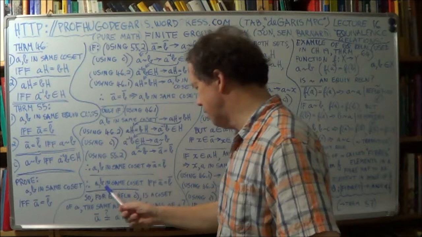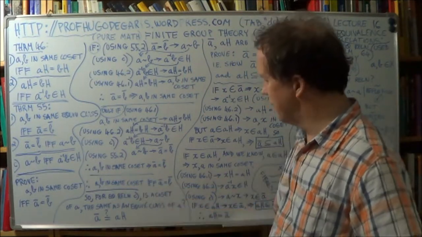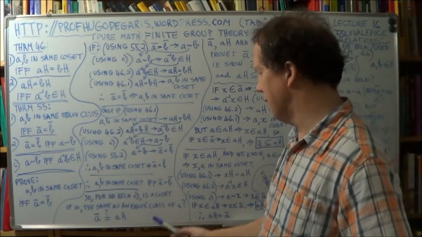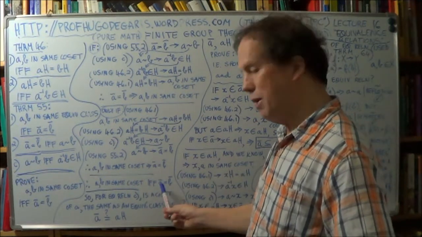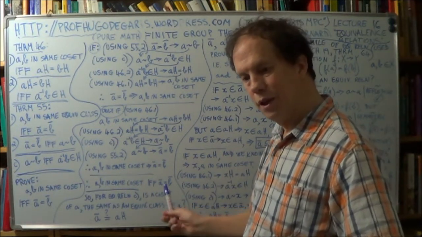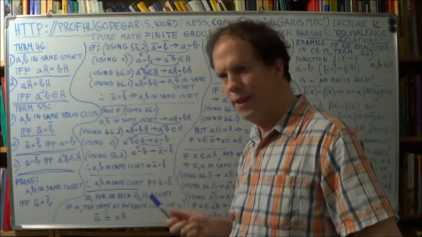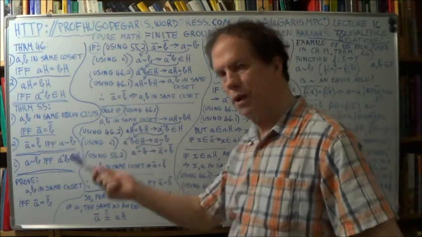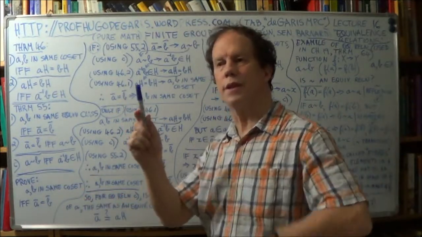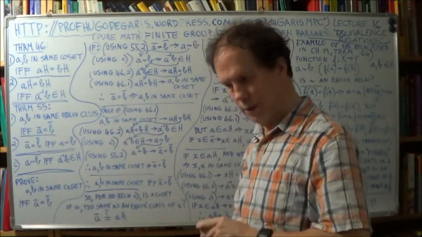Now, doesn't that make you suspicious that in fact once you deduce that, the equivalence class and the coset are actually the same thing? They're the same set. They have the same members. So that could become like a hypothesis, a theorem statement. Let's try to prove it.